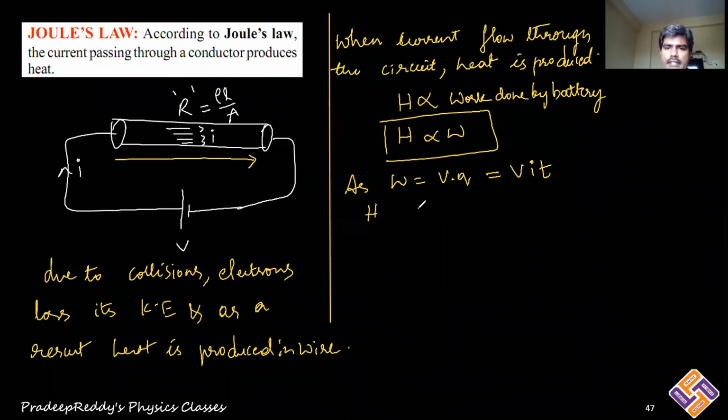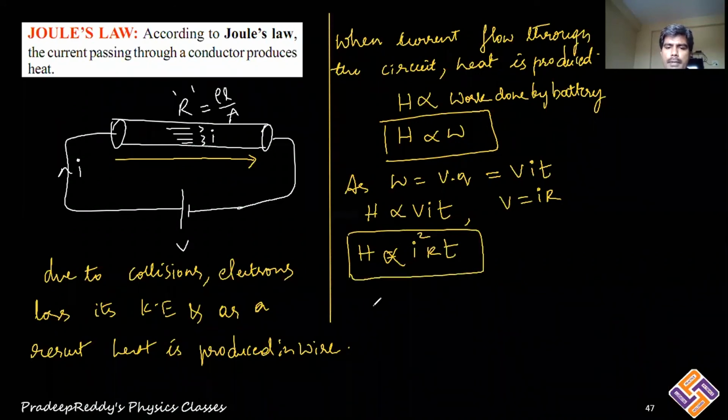You can write H is proportional to VIT, therefore H is proportional to current in the circuit and time taken. Remember, we can also write V is equal to IR. Just substitute that here. H is proportional to I square RT.